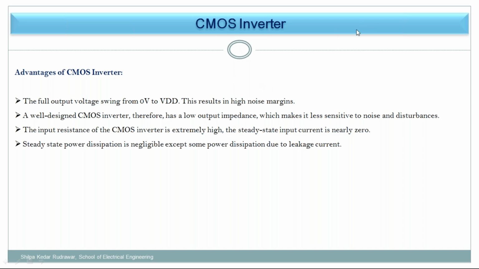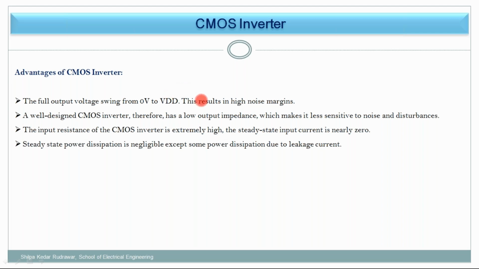Now, what is the advantage of the CMOS inverter? Here, first thing you are able to see is the full output voltage swing from 0 volt to VDD. What does this mean? If my input voltage is 5 volt and my ground is 0, I will be getting a full swing from 0 to 5 volt. I will not be getting 0.5 to 4.7 like this. There will not be a voltage drop, but I will be getting the whole voltage from 0 to VDD, that is 5 volt if I have given that, so maximum 0 to 5 swing I am getting.